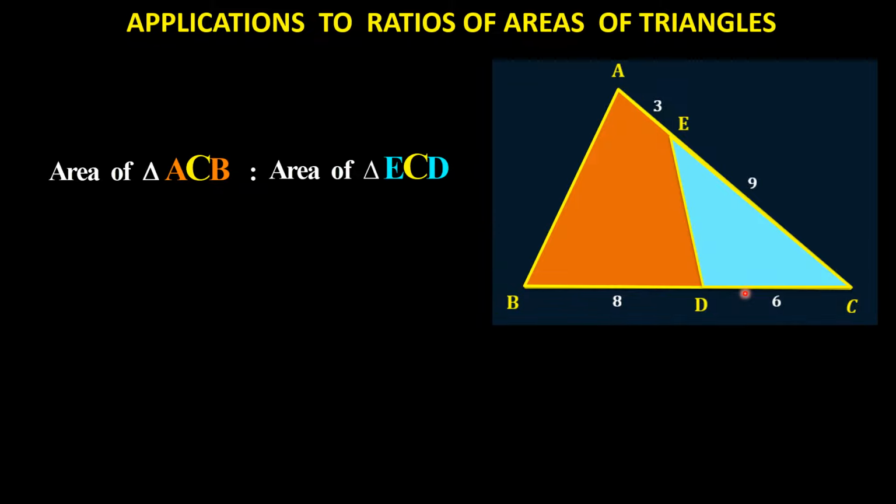So I cannot use my standard formula for the area of a triangle. But there's something else that's common: angle C. We can see in ACB and ECD, C is a common angle.